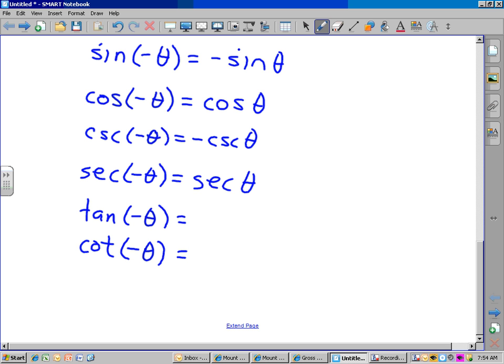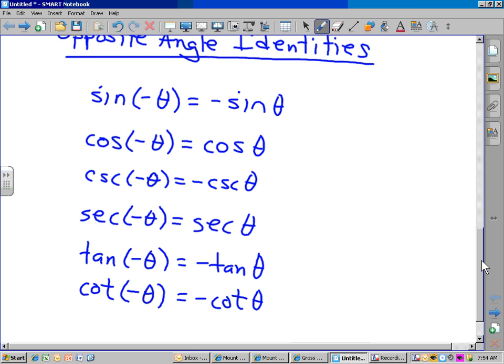For the sine of negative theta, the negative comes out. Cosine, it stays, or it goes away. So we have a, what's that going to be? How about cotangent? Is that going to be any different than tangent? No, because cosine over sine, you're still going to pull one negative out. So which two are the only ones that actually turn positive? Cosine and its reciprocal. All the rest keep the negative. Okay?